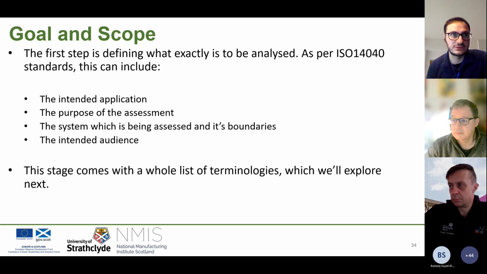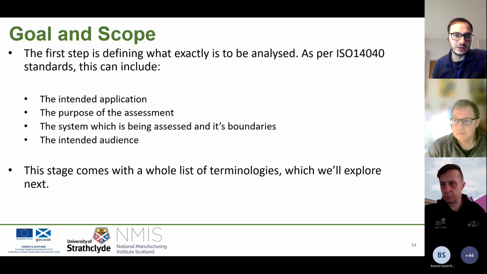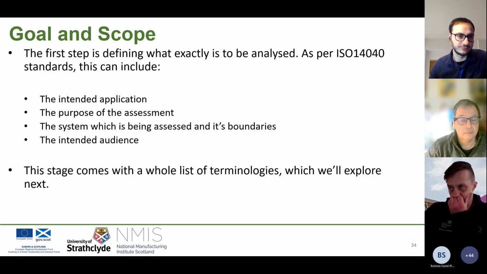So what does each of them mean? The intended application is what exactly we want to analyze. The purpose is why. The system is where we draw the line, and the intended audience is who is going to read our report. This stage comes with a whole list of terminologies, which we'll explore in the next slide.